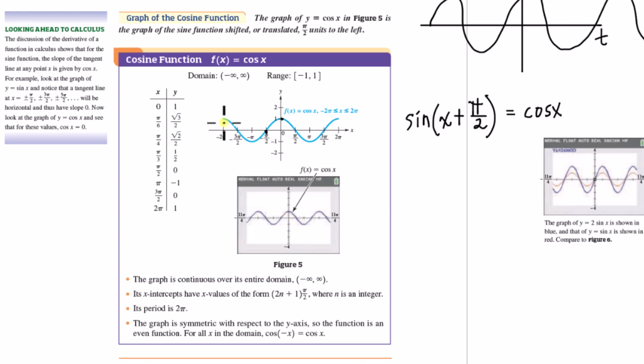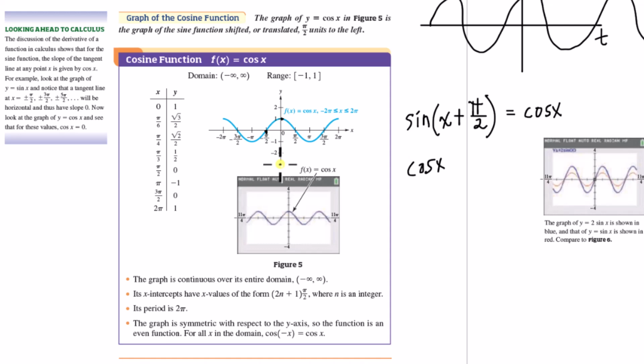All right, this, like the sine function, the domain is all real numbers. The range is plus or minus 1, including the endpoints. We're just talking about cosine x, unshifted, just the bare bones cosine x. Okay, and the x-intercepts in this case are going to be any odd integer multiple of pi over 2.